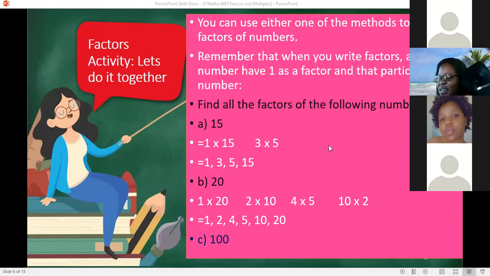Let me help you there. You started with 1 times 100, right? And then what is the next number after 1? 2. Okay, so is there any number that you can multiply with 2 to get 100?